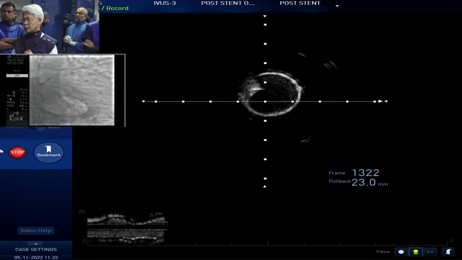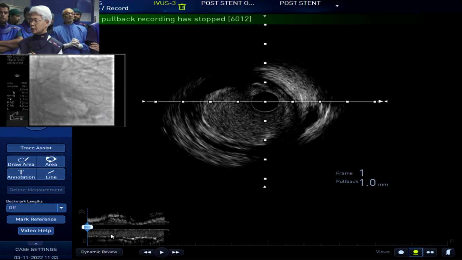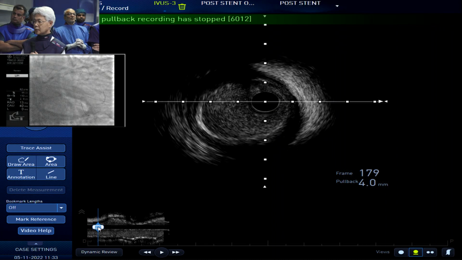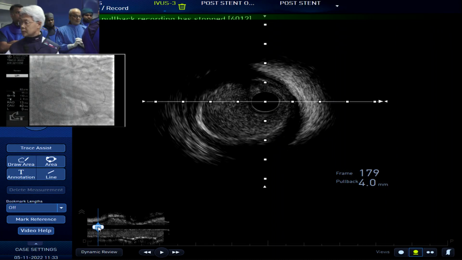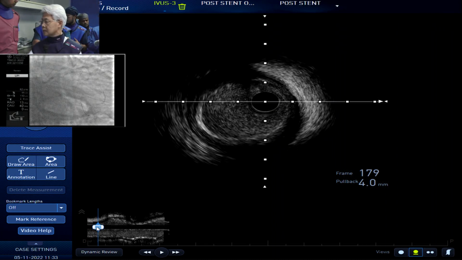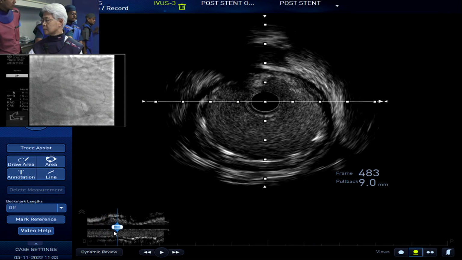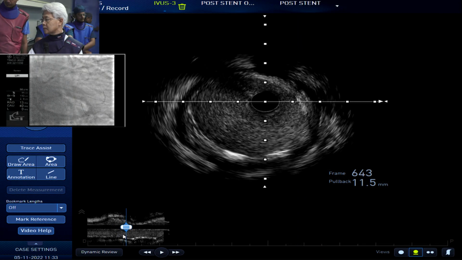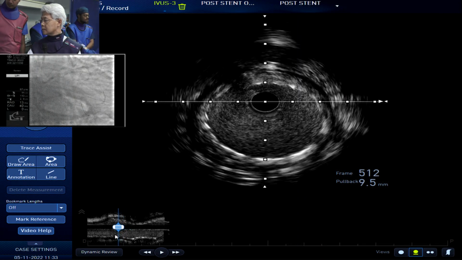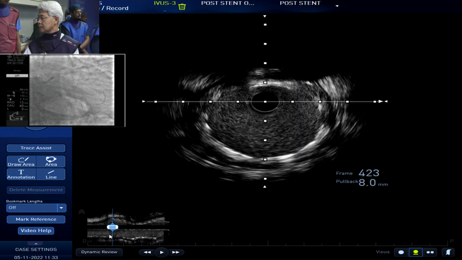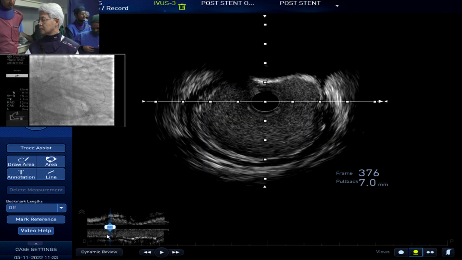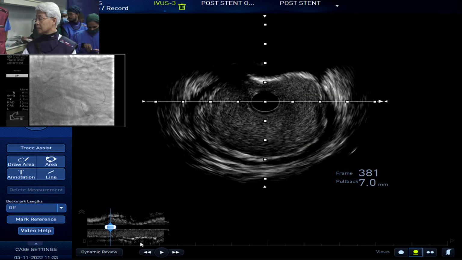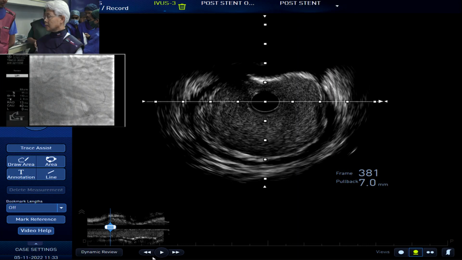Okay, so 4.5 millimeter. 4.5, 8. 8. Proximally to the diagonal. Yeah.